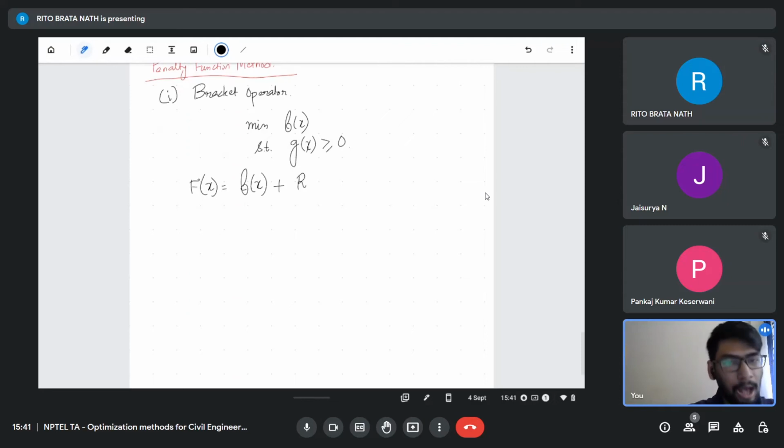So this is your r, which is your penalty parameter. And then you have this bracket operator of gx. You can put it as a square as well, but typically you need not put it as a square. So that's not a problem. You can keep it this way.